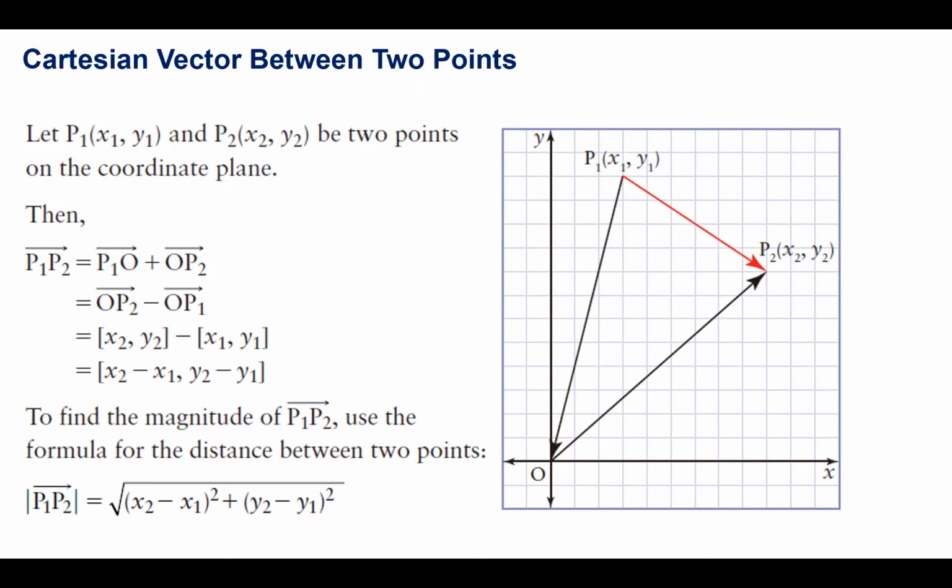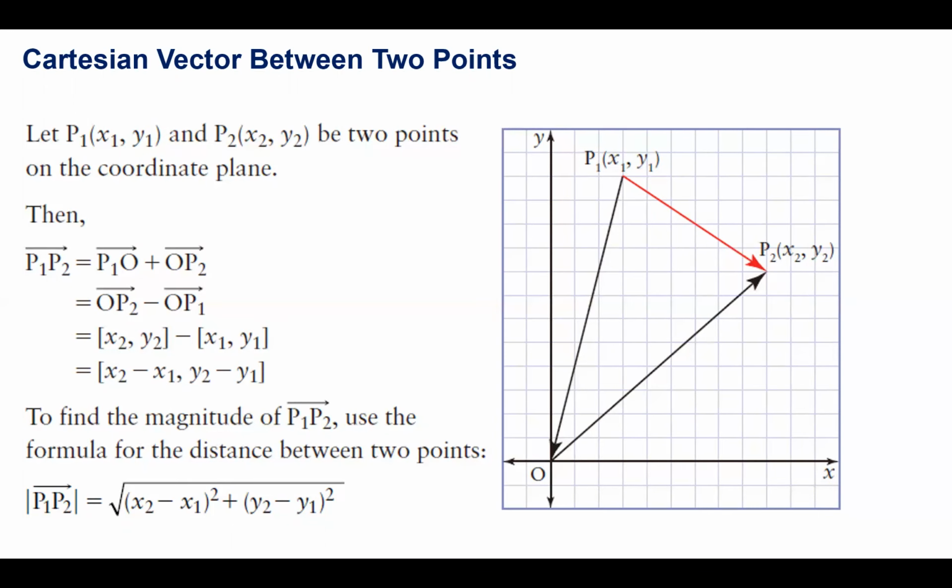OP1 is (x1, y1), right? So this is the Cartesian vector form of these two vectors. Then we know P1P2 can be expressed as (x2 minus x1, y2 minus y1). So these are the two components of this vector.